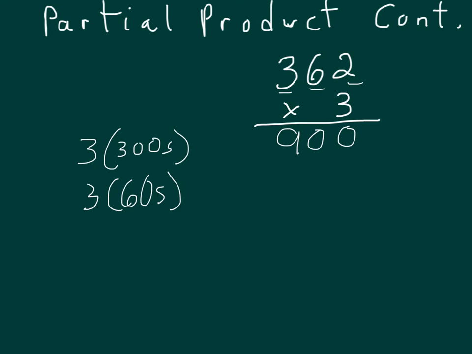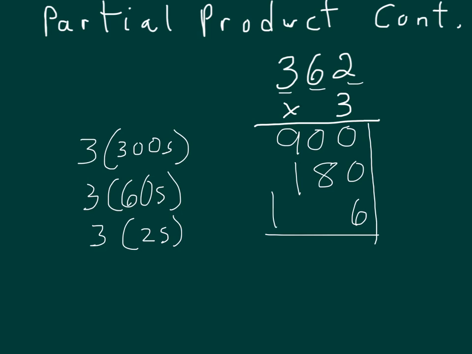Multiply those together, you get 180. Lastly, we have 3 2s. And all boys and girls should know that 3 2s equals 6. Again, notice how I have them lined up in place value order. If you add these all together, you come up with 1,086 for your answer.